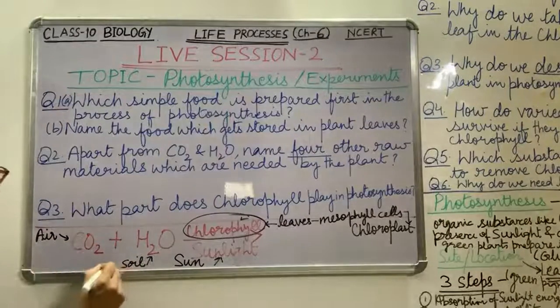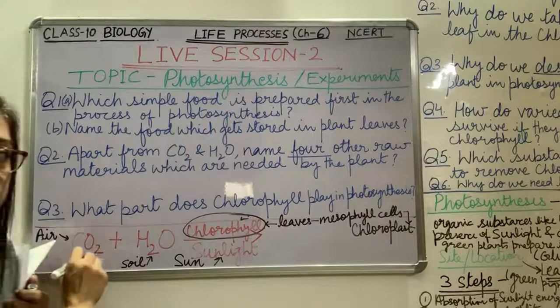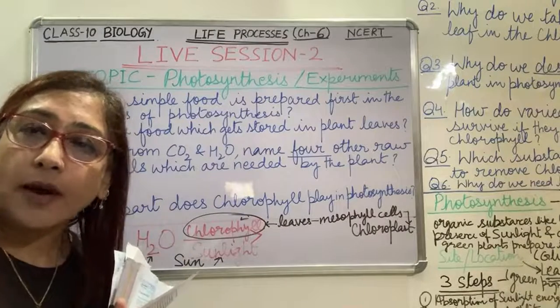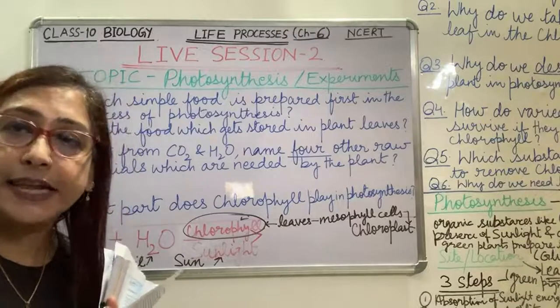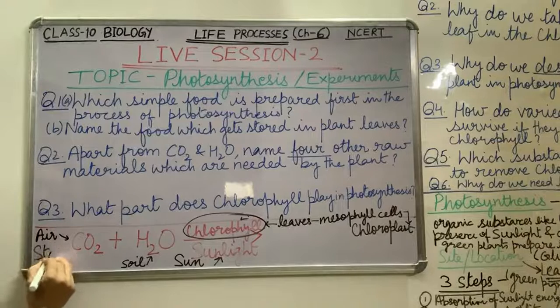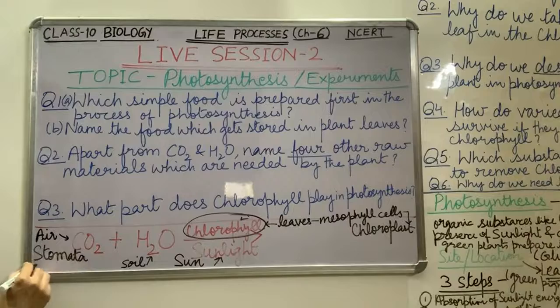And so children, you get carbon dioxide from air, and from which organ does this air enter inside the leaf? It enters through stomata, right?